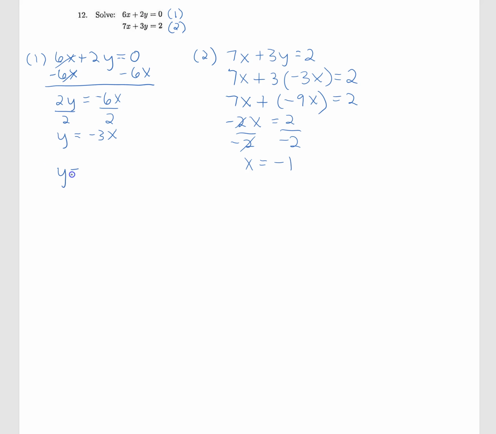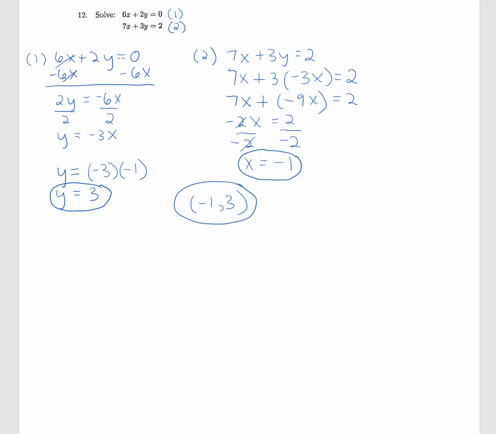So taking my value for x as negative 1, this gives me y equals negative 3 times negative 1. Negative 3 times negative 1 is positive 3. So the answers I've gotten are that x equals negative 1 and y equals 3. And this corresponds to the point negative 1, 3.